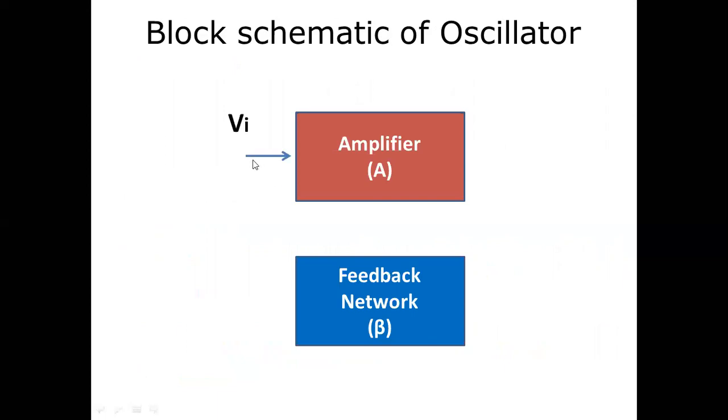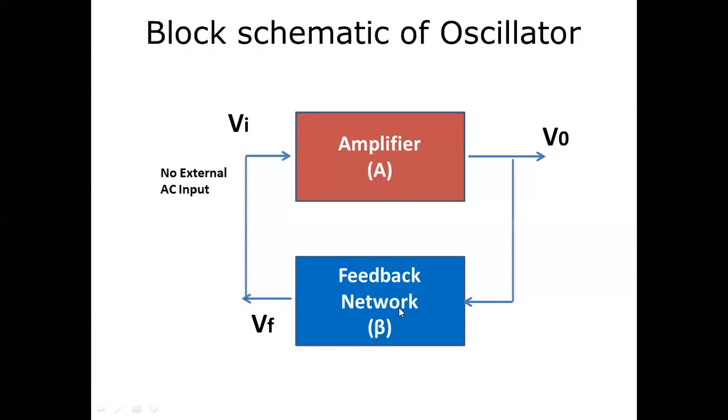This is the input voltage, and as we know, we are not applying any AC input signal, so Vi equals 0, and Vf is the output of this positive feedback network, which is directly connected to the input of the amplifier. The output voltage is the phase inverted version of the input signal, because the amplifier provides a 180-degree phase shift.